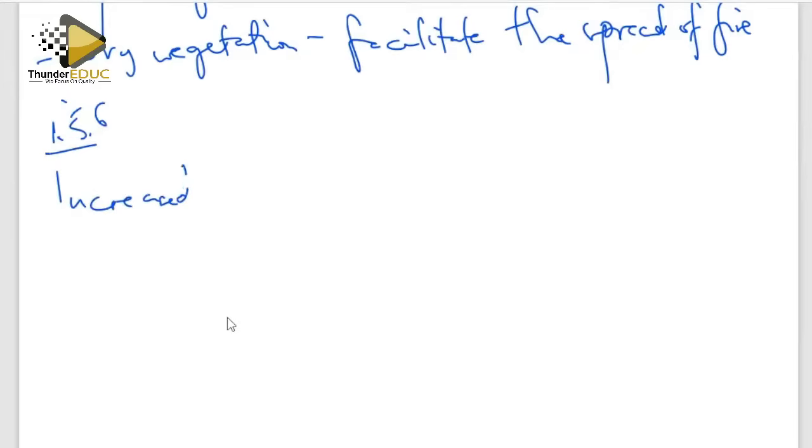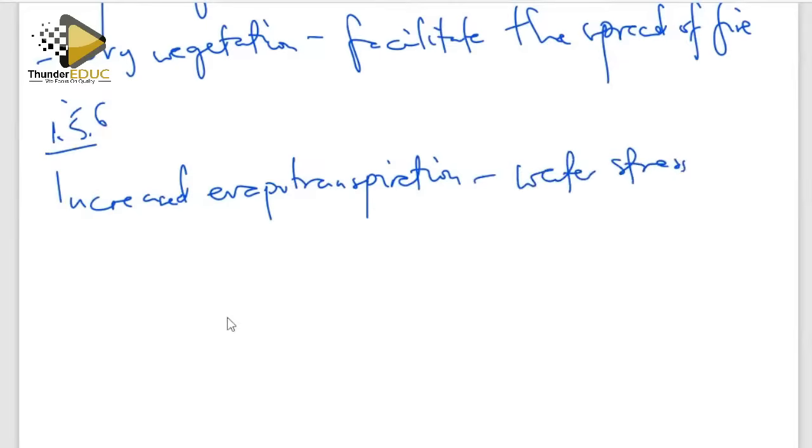They are going to cause increased evapotranspiration. There's going to be increased moisture loss from the crops and also from the soil, and that will lead to water stress on the plants. The plants won't have sufficient moisture because they are losing a lot of moisture through transpiration, and also the ground is losing moisture through evaporation by the increased heat conditions caused by the backwinds.